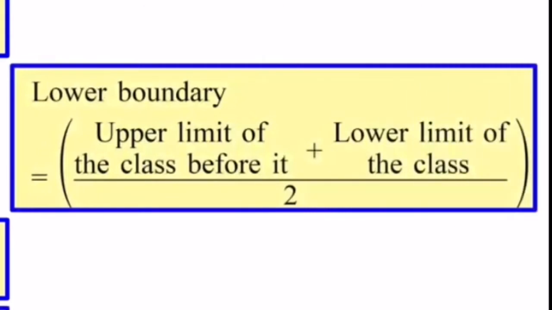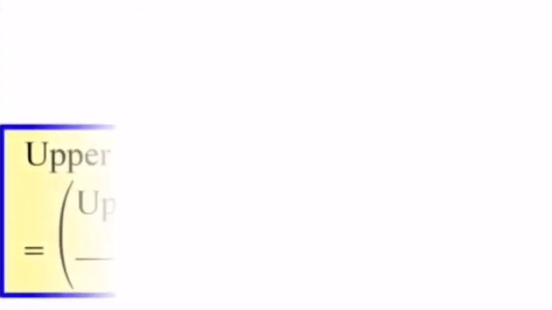The way to find the lower boundary is you must take the upper limit of the class before it plus the lower limit of the class itself, divided by 2.